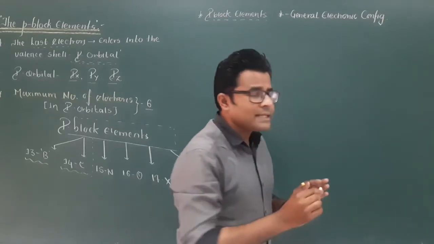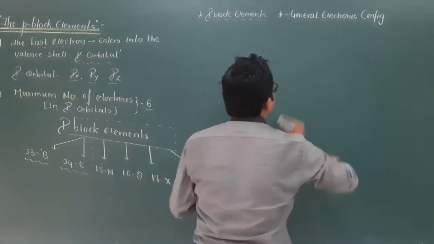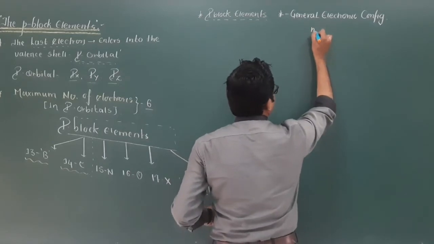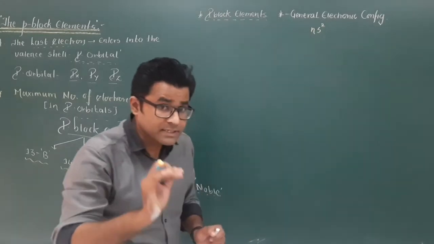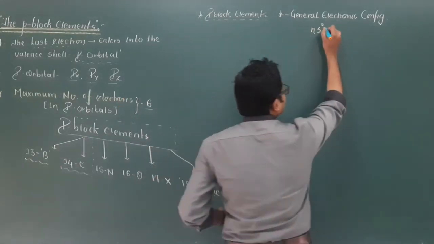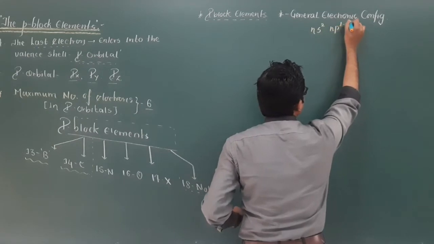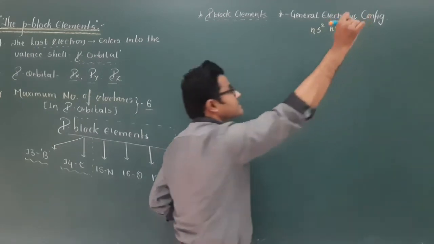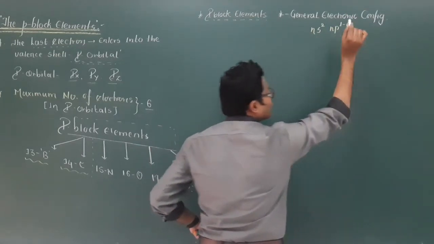The general electronic configuration for the p block elements is going to be ns2, that means the s orbital is completely filled, np1 to 6. That means we are going to go on filling the p orbitals.